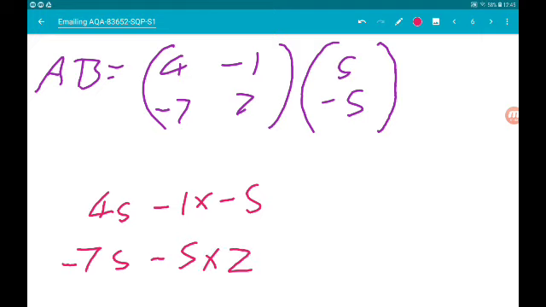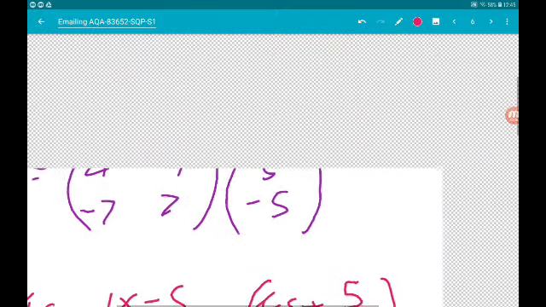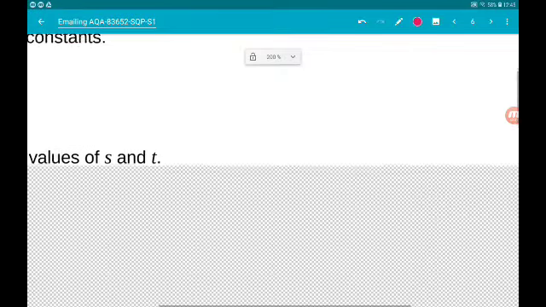So that's going to give us 4s add 5, and then on the bottom minus 7s minus 10. Now we know that that is equal to C, so C is (minus 1; t).